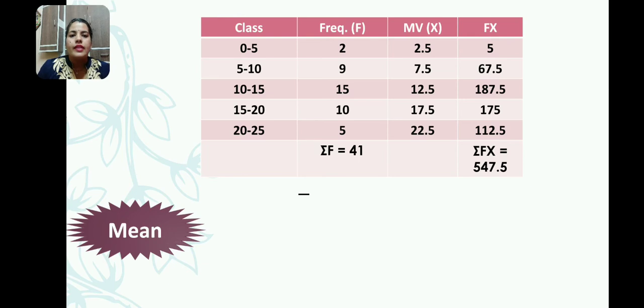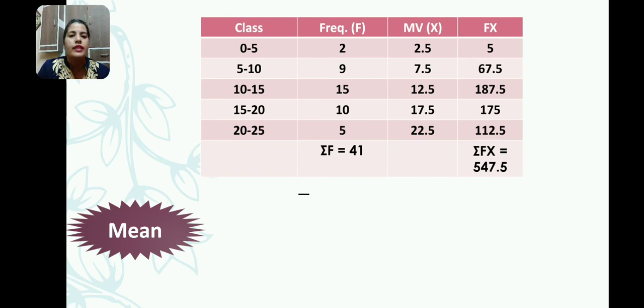I have made this table here: the classes are here, the frequencies are there, and for the mean you need the mid value. By using the formula (L1 plus L2) upon 2 you can get the mid values. So (0 plus 5) upon 2 you will get 2.5, (5 plus 10) upon 2 you will get 7.5.